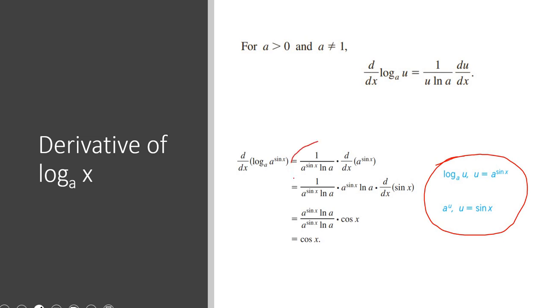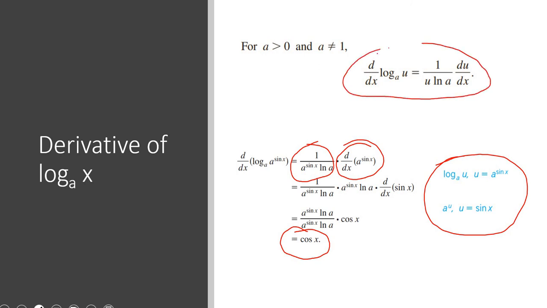We have 1 over a raised to the sine of x times ln of a, and then also the derivative of the inside function, which we can see right here. And this all simplifies down to, surprisingly, cosine of x. But once again, it's not totally necessary to see this whole process. We just have to remember that if we encounter a log with a base a in one of our problems, we have to remember to apply this formula right here.